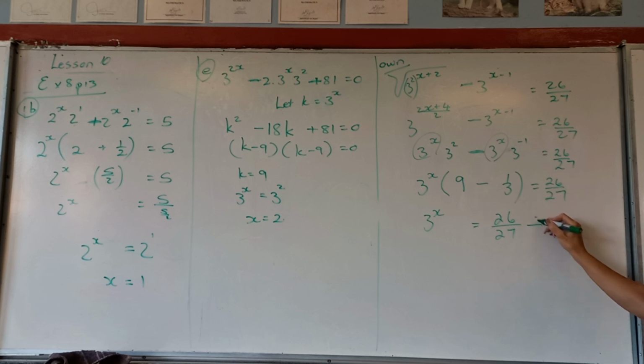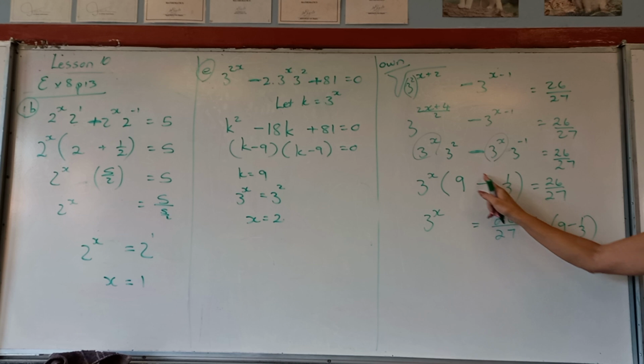I just want to write it differently, because it's an alternative, right? So if I say divided by that 9 minus a third, is that okay? Maybe you haven't simplified it, it's okay. The end is going to be simplified. That's all I want. I need that 9 minus a third to be subtracted, but adding negatives is subtracting.